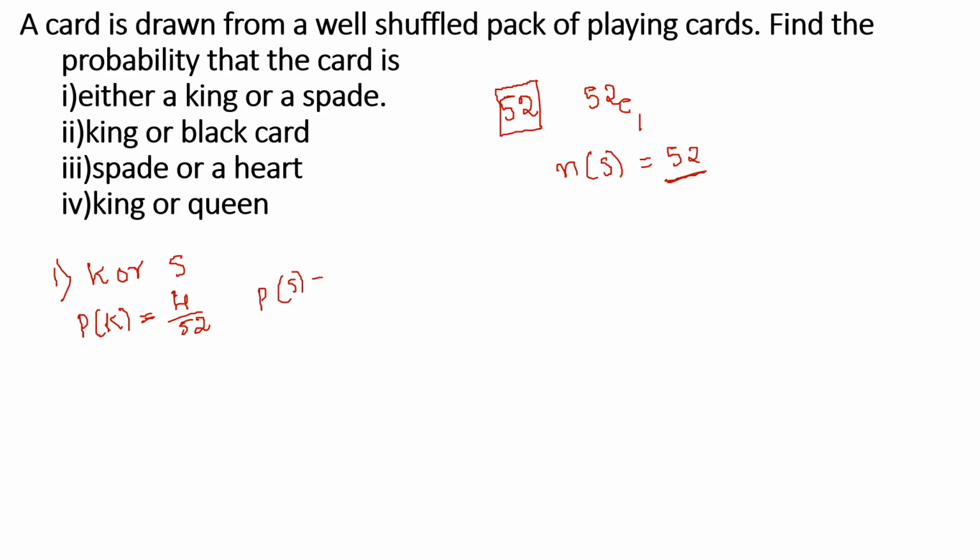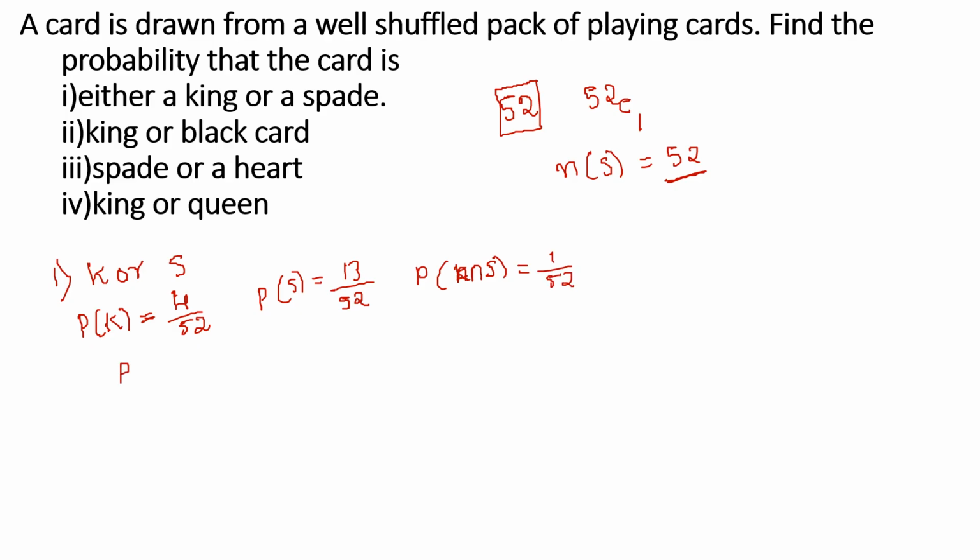There are a total of 13 spades, so 13 by 52. The probability that the card will be both king and spade: a spade has one king in it, so it will be 1 divided by 52.